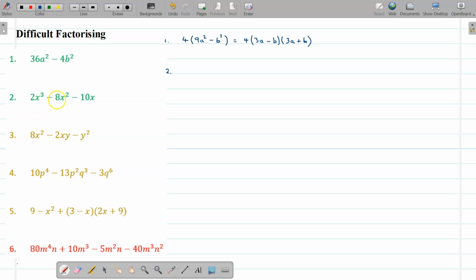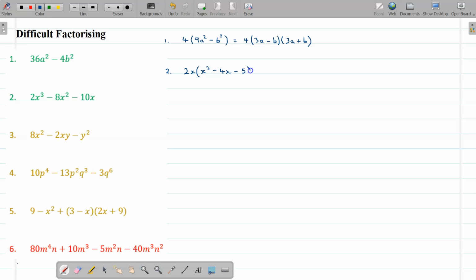And not only is each term even with a common factor of 2, but also each term has a common factor of x. So if we take out 2x, we're left with a quadratic that says x squared minus 4x minus 5.